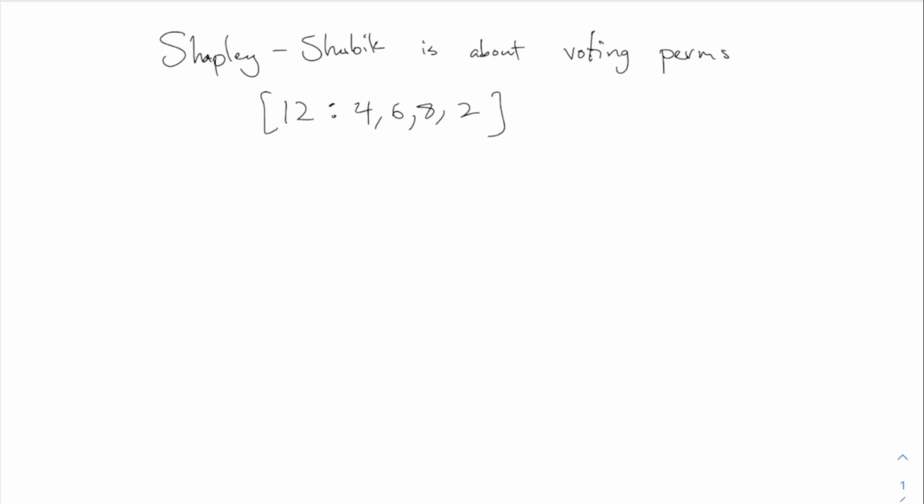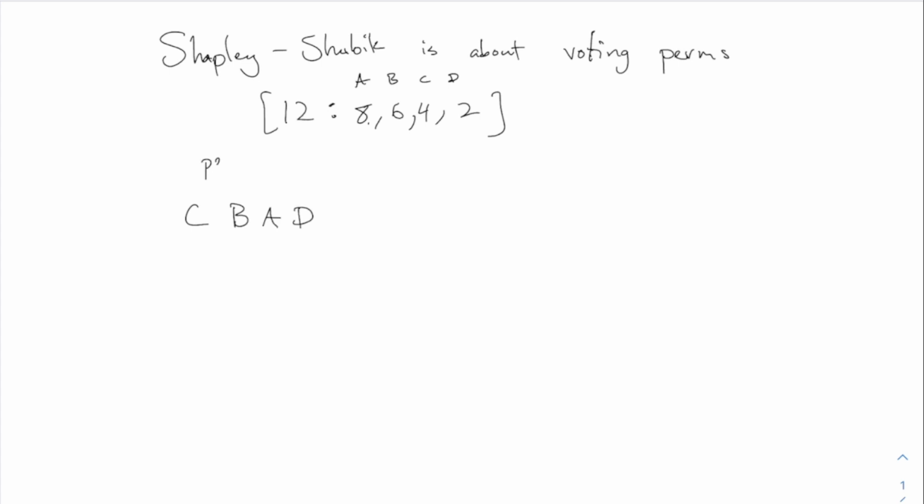If I had something like that, and I write down this is A, B, C, D, and I write down some permutation, I wrote the numbers in a weird order there. I'm just making this up, so sorry about that. How about like that? And then a voting permutation would be something like C, B, A, D, right?